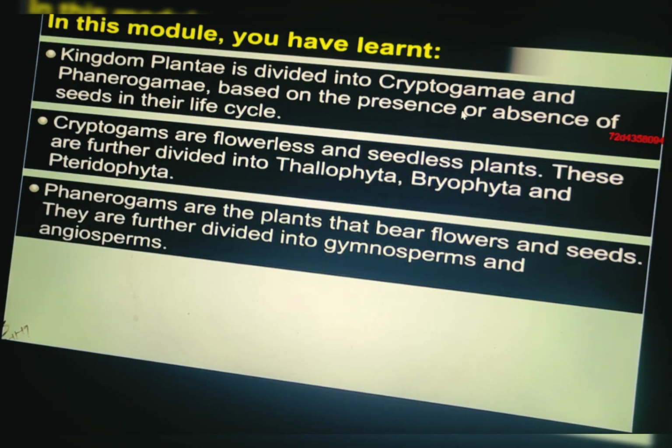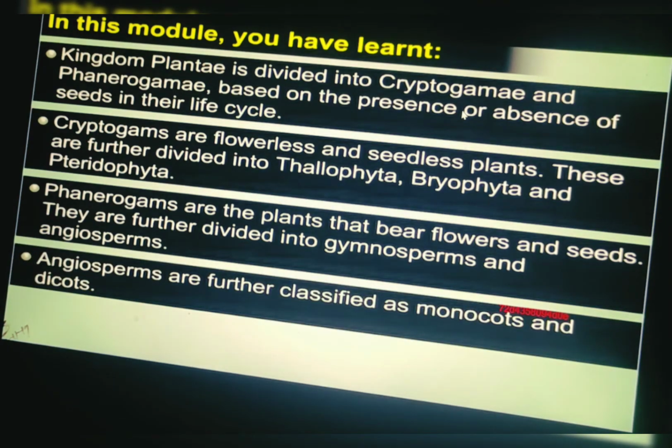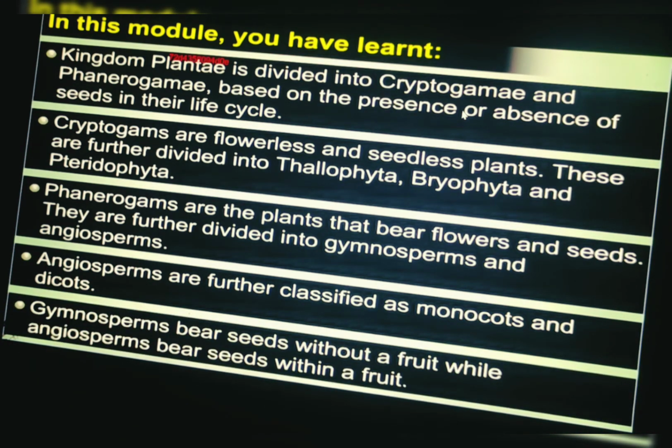Phanerogams are the plants that bear flowers and seeds. They are further divided into gymnosperms and angiosperms. Angiosperms are further classified as monocots and dicots. Gymnosperms bear seeds without a fruit, while angiosperms bear seeds within a fruit.